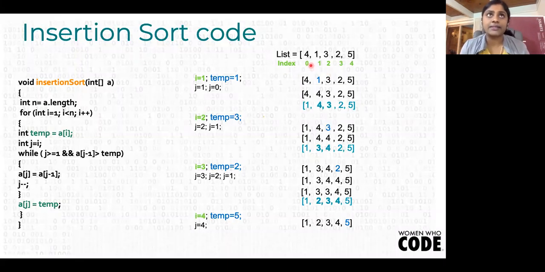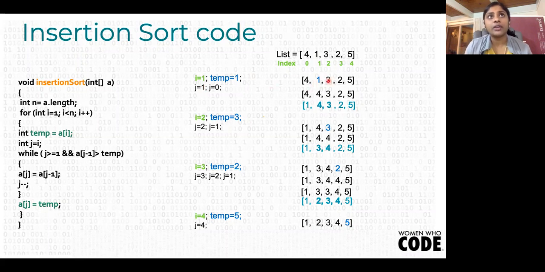Here we have the list that has elements 4, 1, 3, 2, 5. You assume that the first element is already sorted. So we start with the second element in the list and compare the second element with the first element. So here i is 1 and temp will hold whatever value i has. So the element at index i, which is 1, temp will hold 1. And j is initialized to whatever i is.